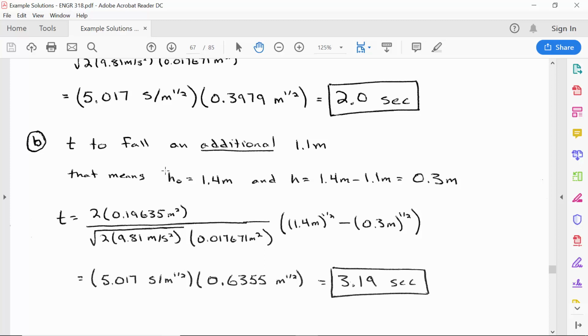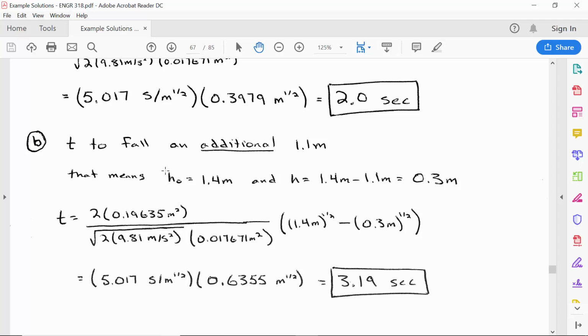That's the starting is 1.4. The finishing depth above the center line of the orifice is 0.3 meters. So the areas stay the same, but the fall heights are different, so it's going to take longer, 3.19 seconds for that next 1.1 meters of fall.